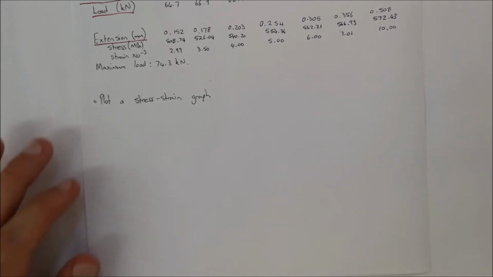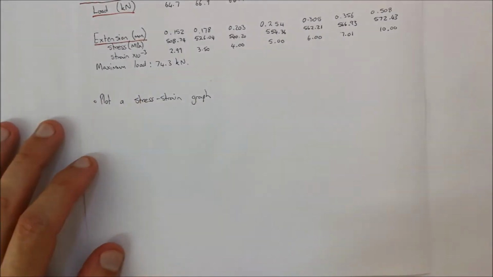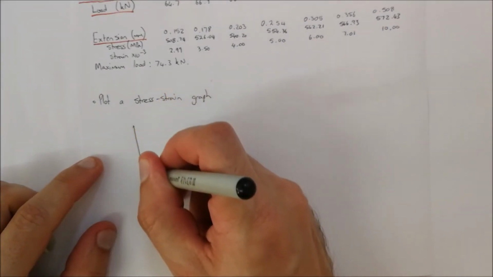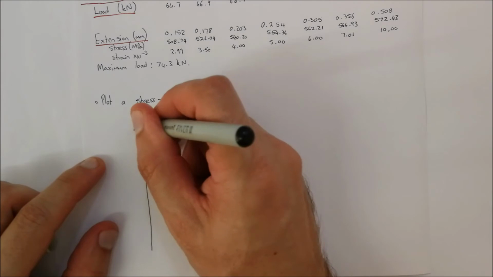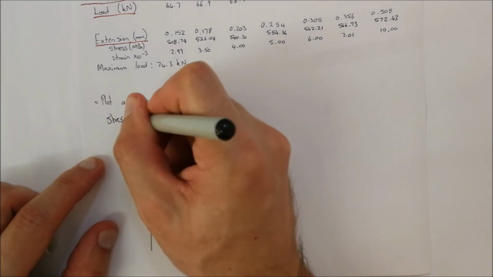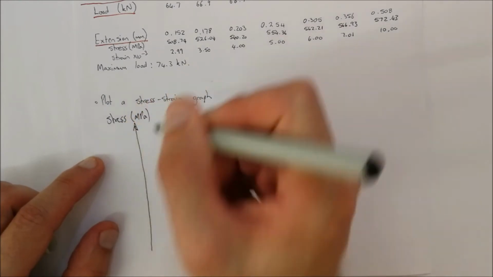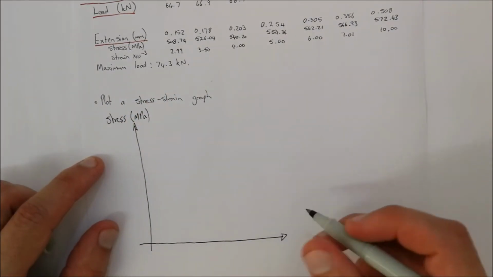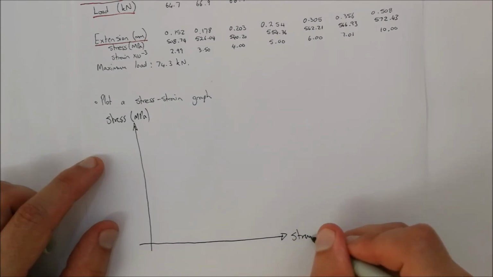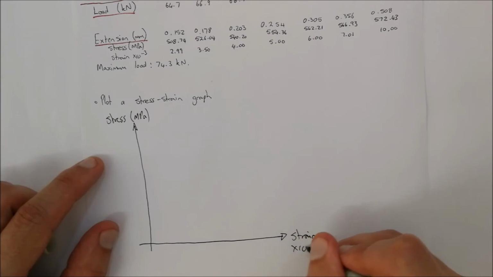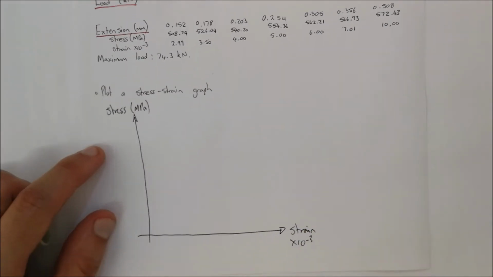So we're going to draw the stress strain graph. We've got our axes, with stress on our y-axis, and that's in megapascal. And then we've got our strain, and remember that is times 10 to the minus 3.